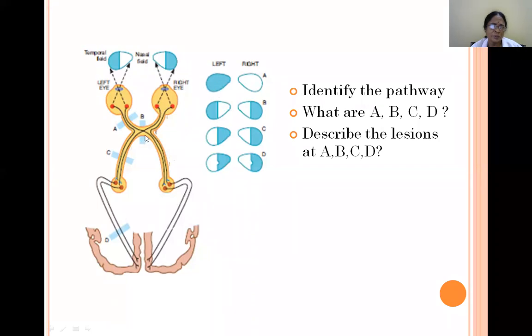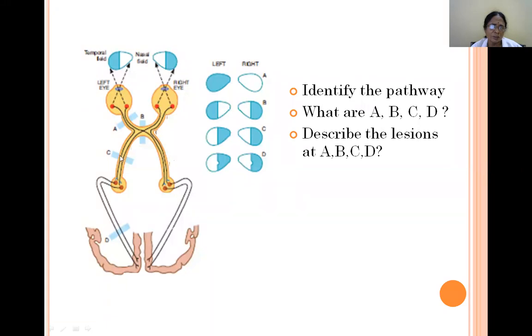Suppose here in the optic chiasma, the lesion is there in the optic chiasma. We are getting a bitemporal hemianopia. Both temporal side vision is lost. Why? See this: temporal fibers are crossing from the left side and the right side. The temporal fibers are crossing here in the optic chiasma, whereas the nasal fibers are going without crossing.